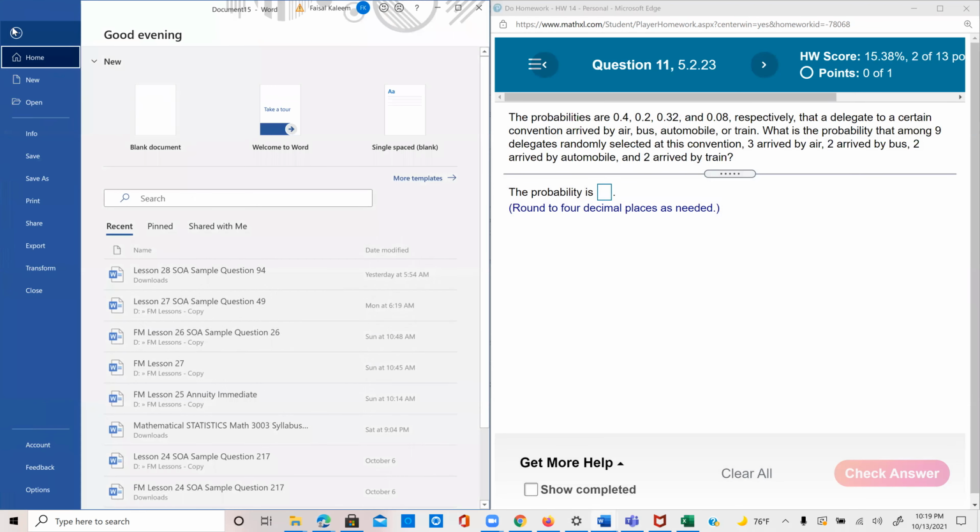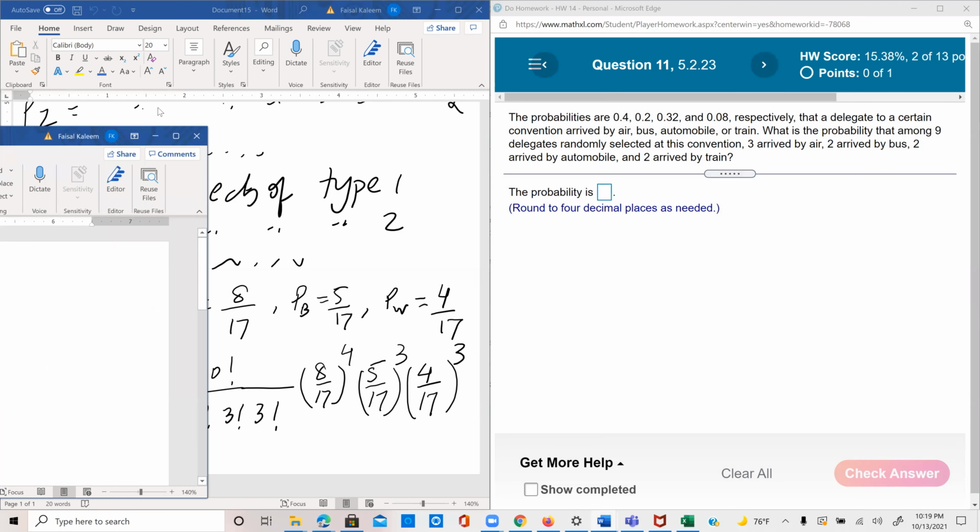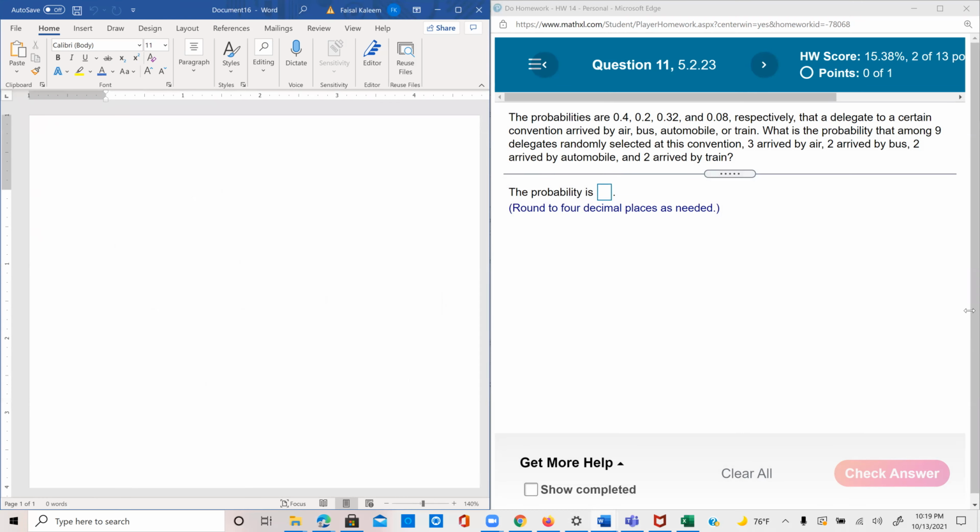So let's open a new file. The probabilities are 0.4, 0.2, 0.32, and 0.08 respectively that a delegate to a certain convention arrived by air, bus, automobile, or train.